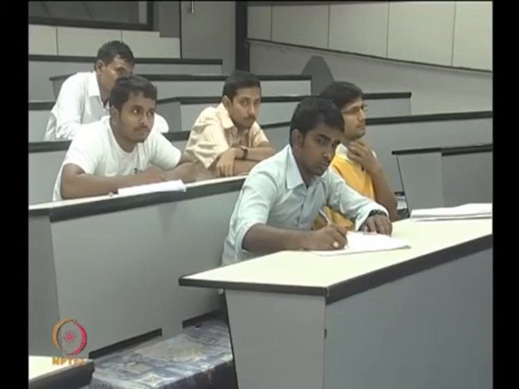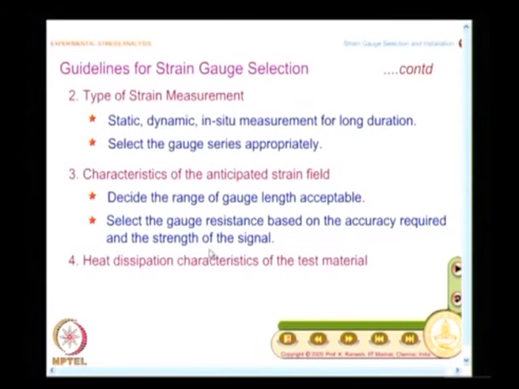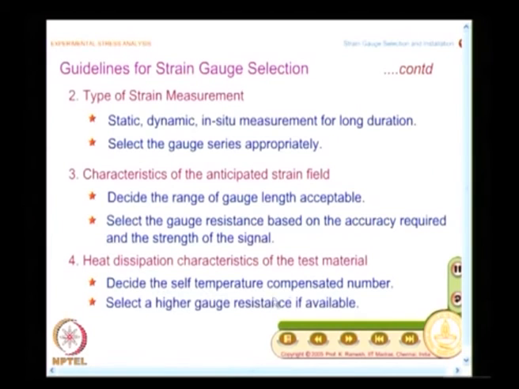Suppose I do not have that luxury, then what I have to look at is, I must find ways to increase the signal strength by modifying the gauge resistance, and you have to look at heat dissipation characteristics of the test material. So, this decides the self temperature compensation number, and here again, if necessary, select a higher gauge resistance.